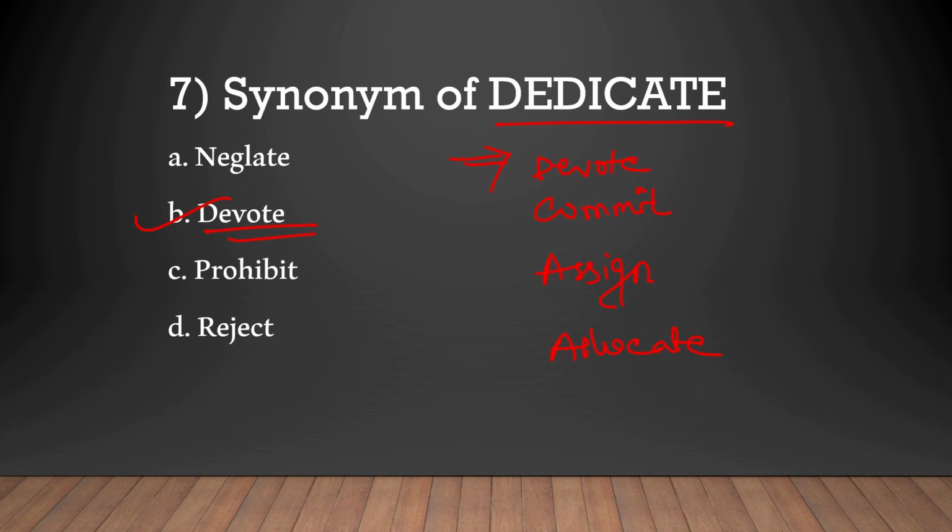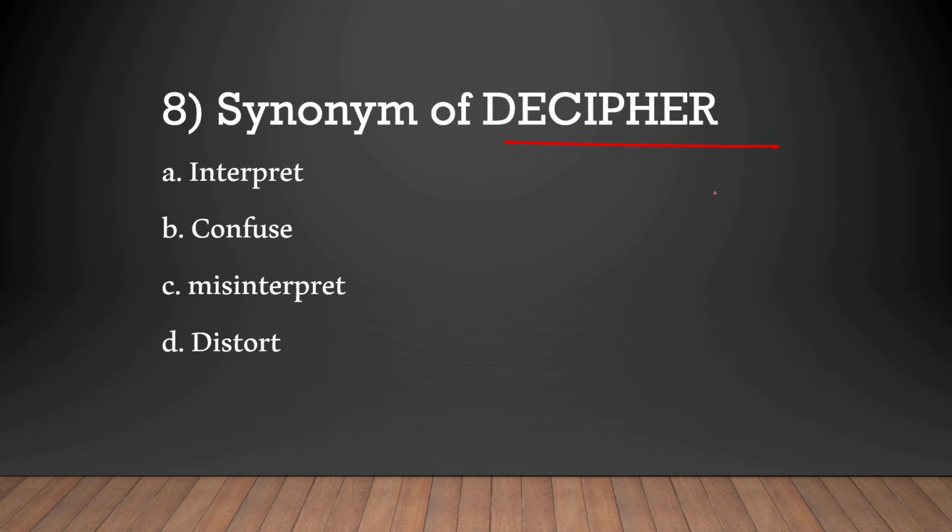Okay, next, synonym of decipher. The word decipher means to understand something. Simply you can say something which is readable. Okay, something which is readable. That means you can add words like interpret, decode, understandable, understand, okay, explain, or you can say explainable, or clarify.